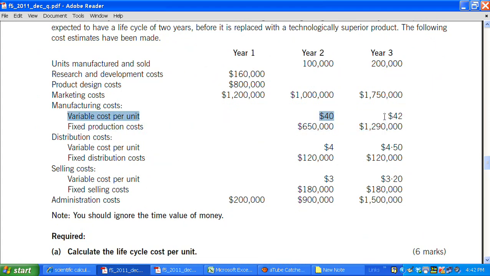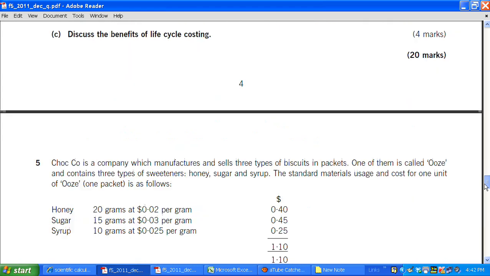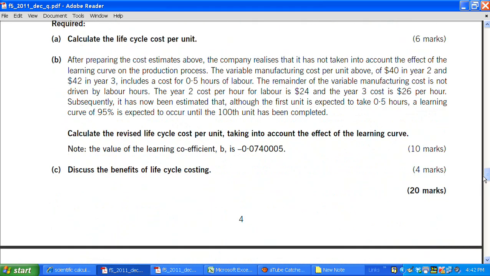Is it this figure here? It includes a labor component. That labor component is here. The year 2 cost per hour for labor is 24, and the year 3 cost is 26 per hour.